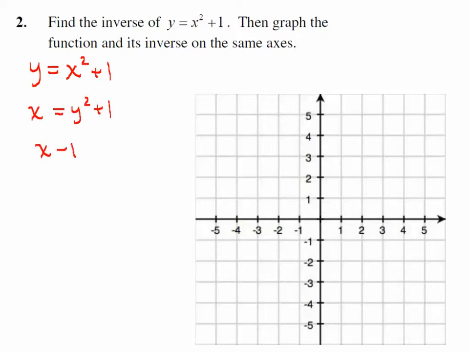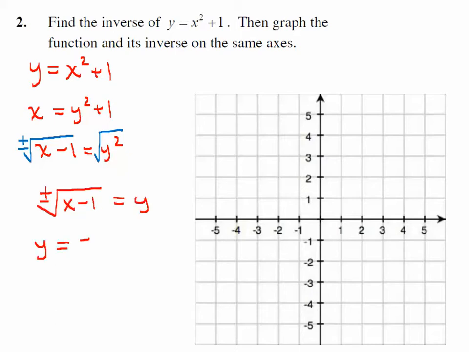Subtract 1 from both sides. Ooh, this is an interesting one here. What should we do here to solve? Square root both sides, yep, and then we have to put this little plus or minus, don't we? So this becomes plus or minus the square root of x minus 1 is equal to y.